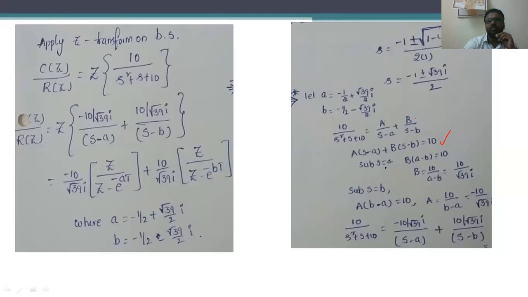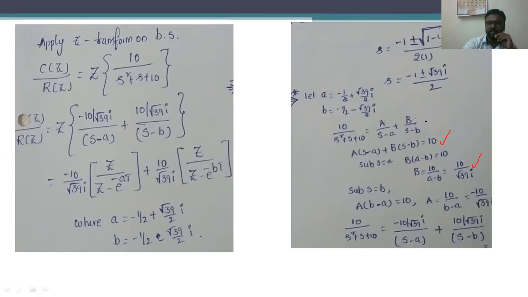With the substitution, we get the value of b as 10 divided by root of 39i. Similarly, the value of a becomes minus 10 divided by root of 39i. So in this way we obtain the values of a and b.